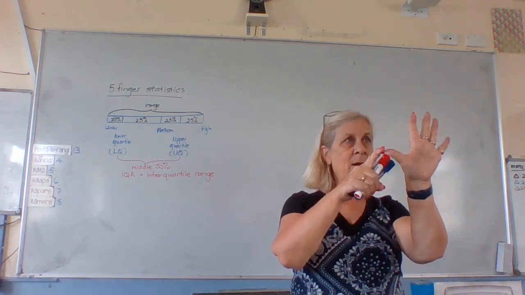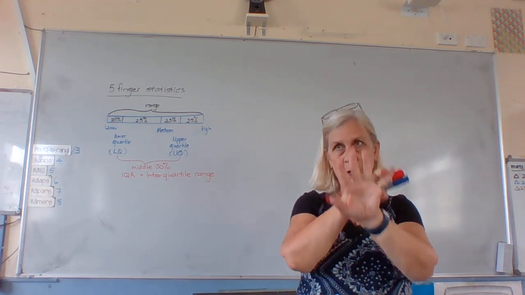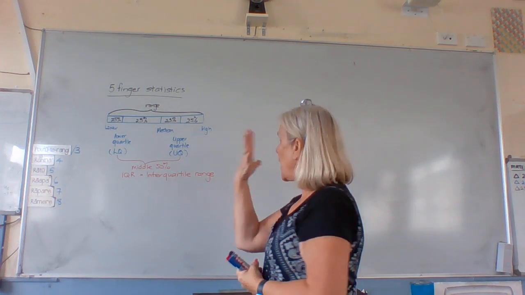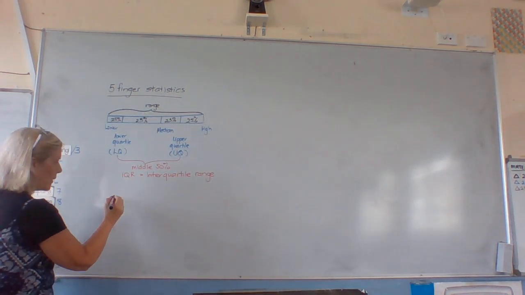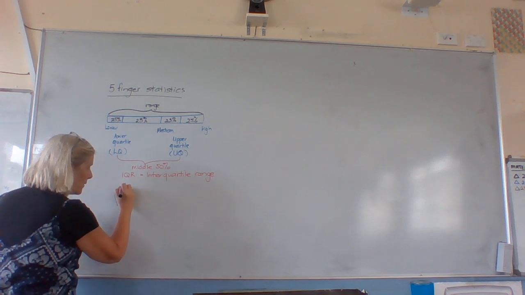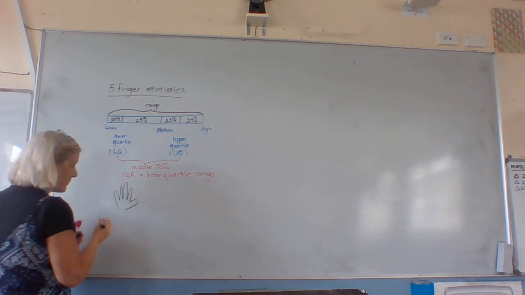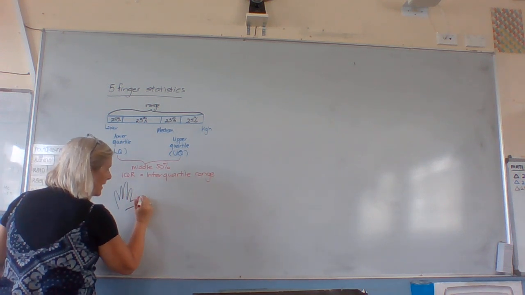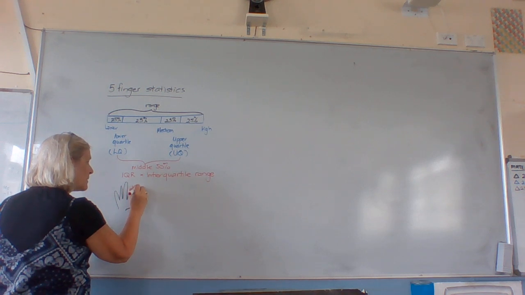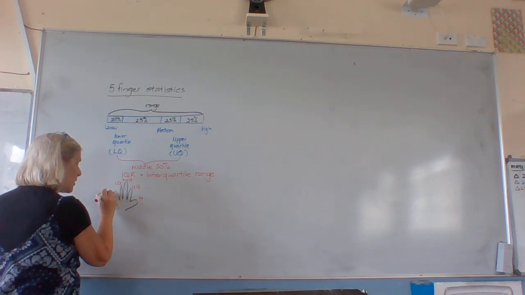So upper quartile, median, lower quartile, lower. So we always have those 5 fingers. High, upper quartile, median, lower quartile, low.